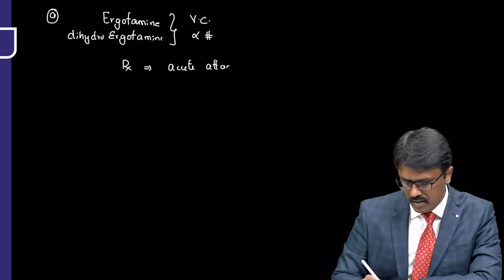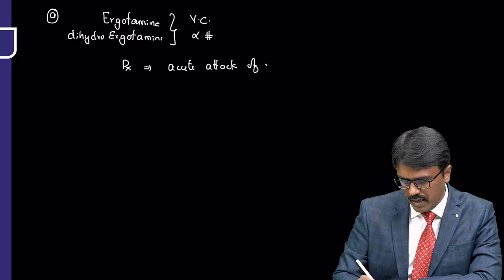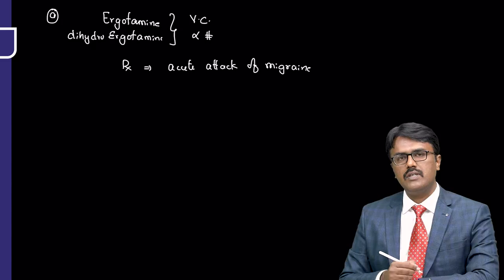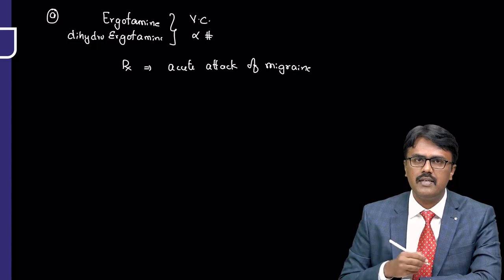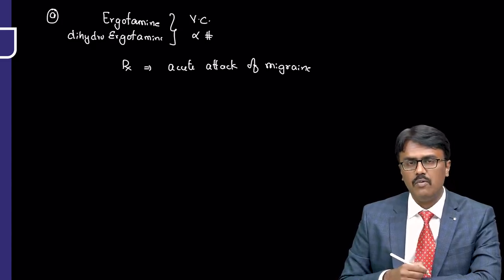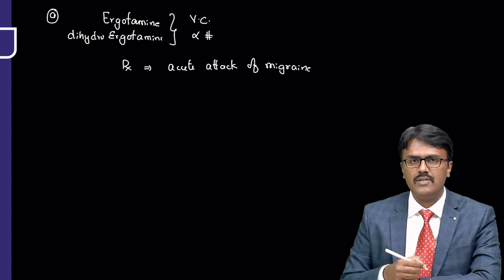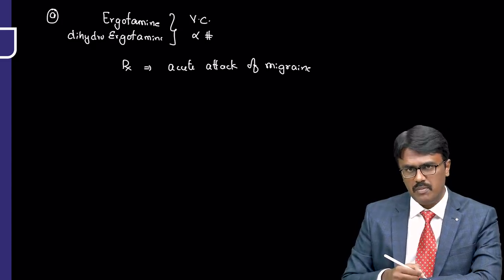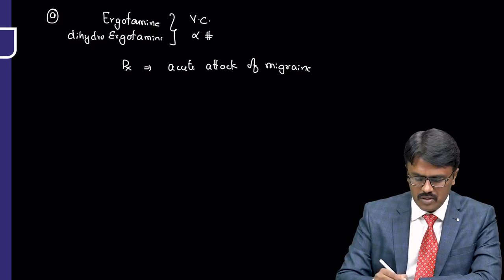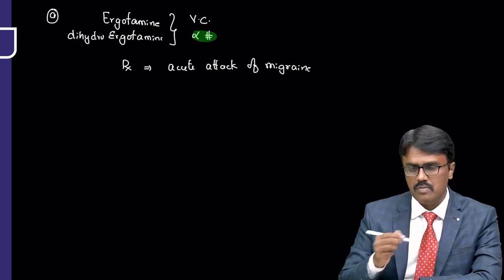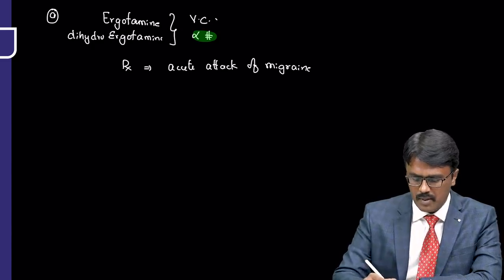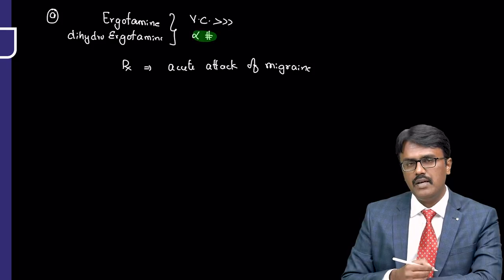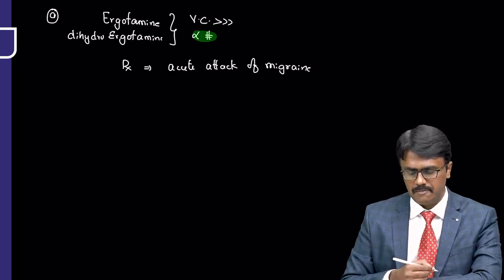You may ask, sir, are triptans better or ergots better for acute attack of migraine? Triptans are better, because ergotamine only causes vasoconstriction; it doesn't decrease nausea, vomiting, or neurologic inflammation. You may ask one more question: if they are alpha blockers, they should be vasodilating. Remember, the vasoconstrictor action takes the upper hand compared to the alpha blocking property, so they are basically vasoconstrictors.